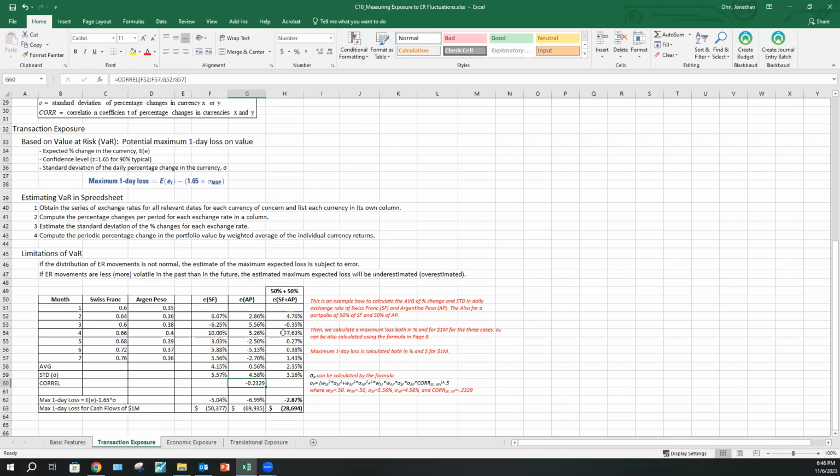Okay, now since we calculated our portfolio standard deviation, we are ready to calculate the maximum one-day loss. For the expected percentage change in the currency, we use the monthly average as a proxy.